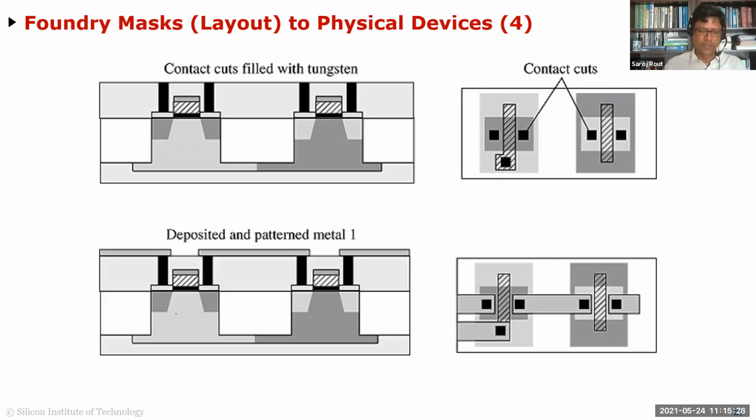For example, this was your NMOS, and this was your PMOS. This was the source of your NMOS, this was the source of your PMOS, this was your drain, this was your drain. Essentially, you're connecting the sources together. Your drains, you're going to take to VDD, this to ground, and so on, just based on your layout.